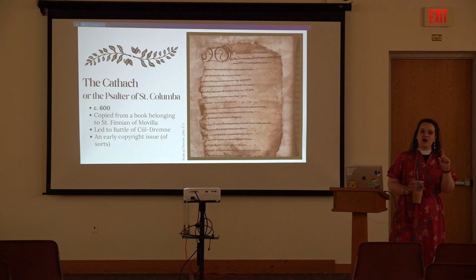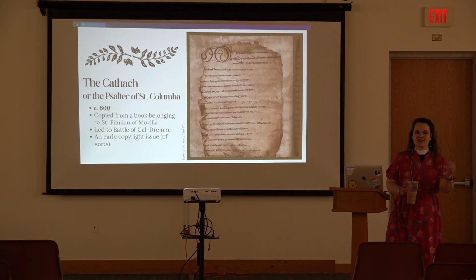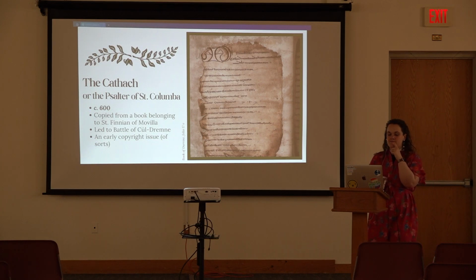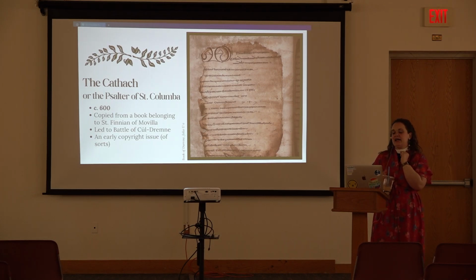So I think part of it is the cost related to it, that Finian paid a tremendous amount of money for the Psalter. And Columba paid a lot in terms of his labor to copy it, that he was, as the story goes, overnight going and looking at Finian's Psalter and copying it as well as he could in that dusk time when there was just enough light.